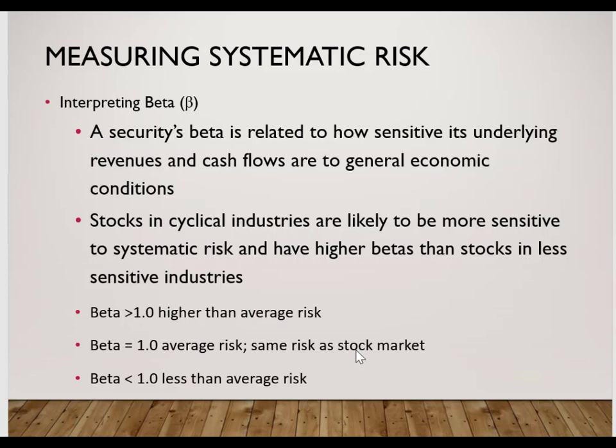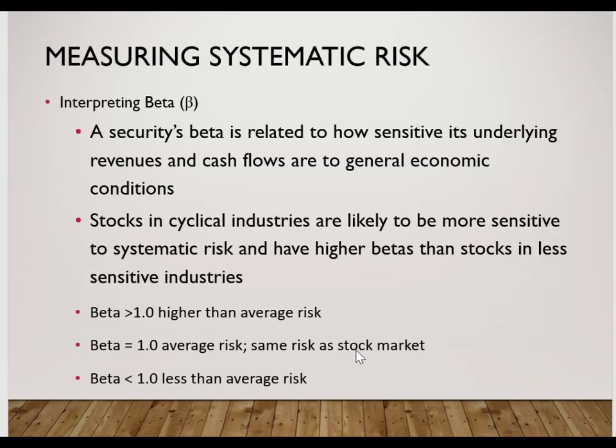So again, let's keep reinforcing and discussing this over and over again, right? A beta is related to how sensitive it is to general economic conditions. How sensitive is it to the stock market and changes?